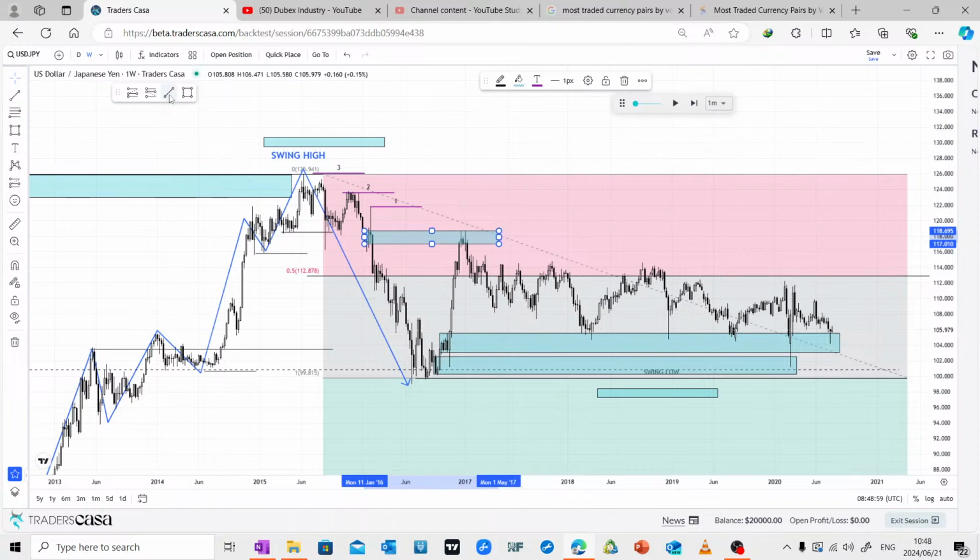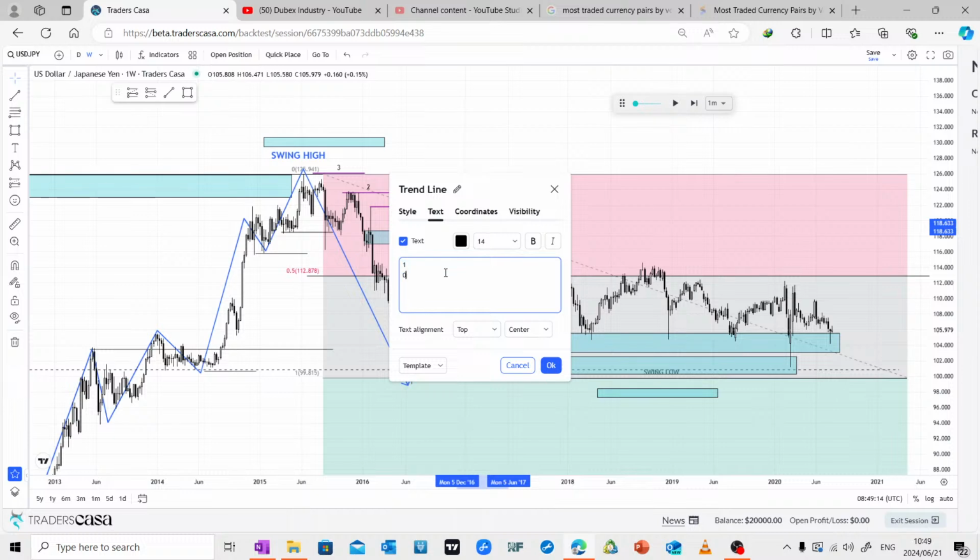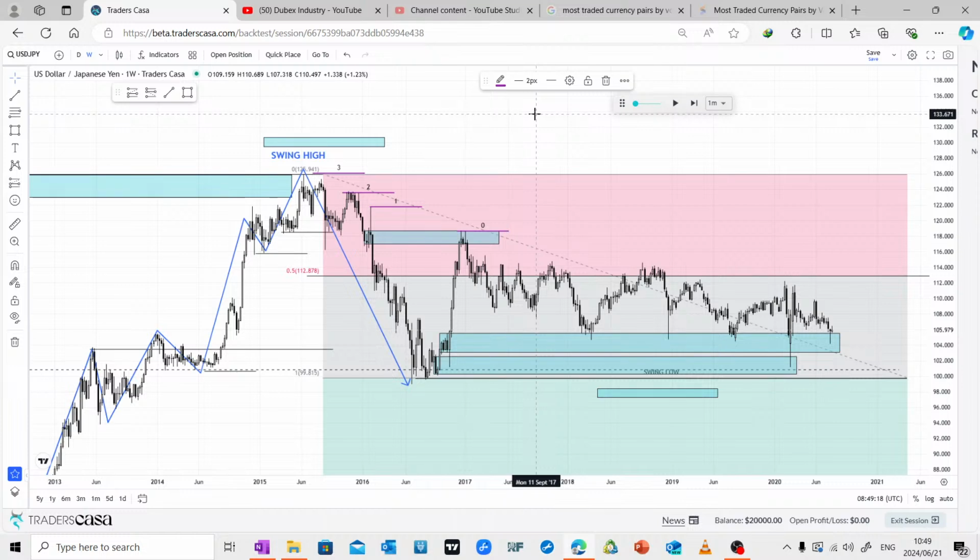The market has left sell side liquidity again resting here, and this buy side liquidity resting there, and I'll call this 0. So now the market has induced buy side here, so that if it taps into this buy side, it's going to quickly tap into this one, and possibly take out the high.